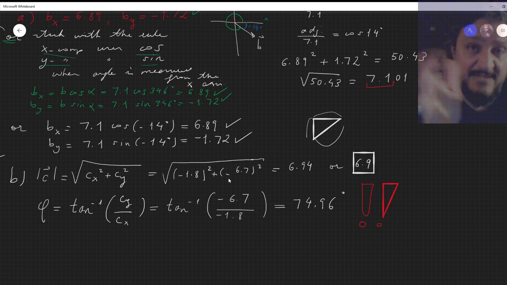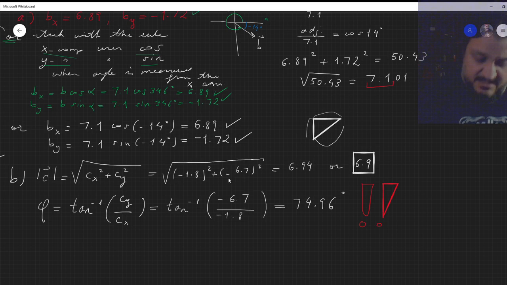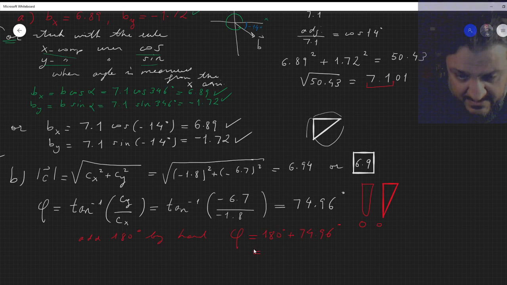So you've got to add that 180 degrees by hand. So the real phi that we want to find is 180 degrees plus 74.96. Just add 180 to this number: 254.96. It's close to 255 degrees.